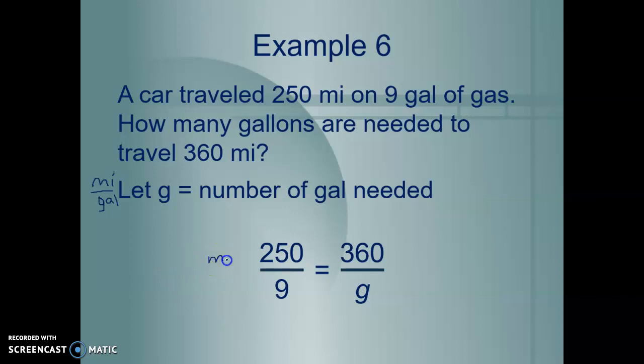And we're going to keep our miles per gallon the same in both of our ratios. So our first number was that we went 250 miles on 9 gallons of gas. And we want to know, if we go 360 miles, how many gallons of gas will we need? We could use X, we could use Y, but in this case we're going to use G. We'll then use our product of extremes and our product of means to solve for G.